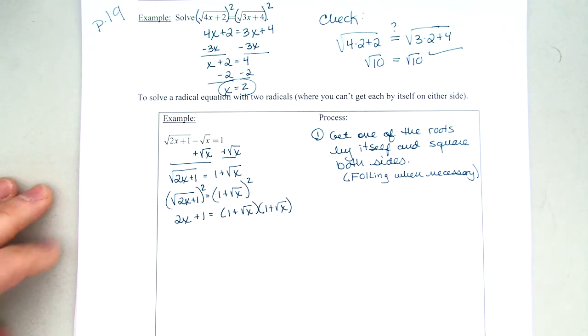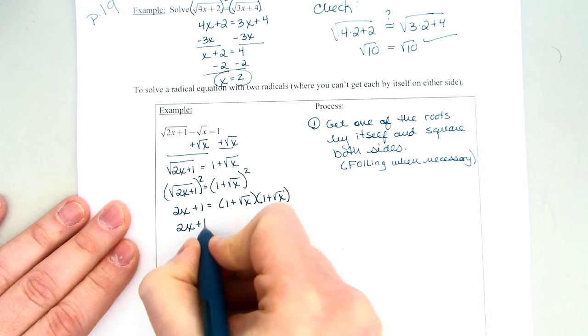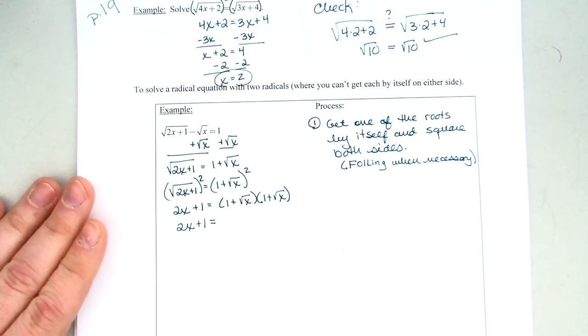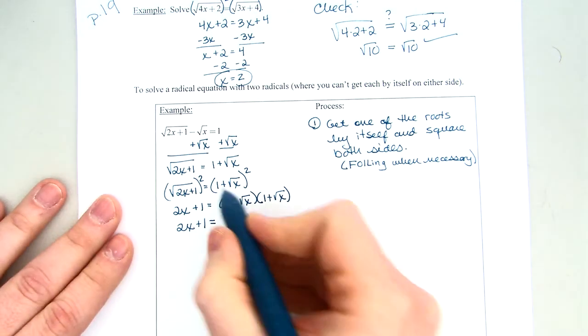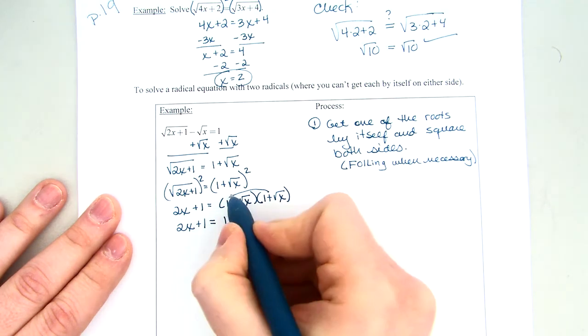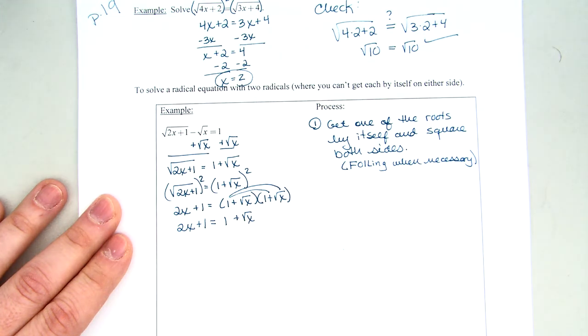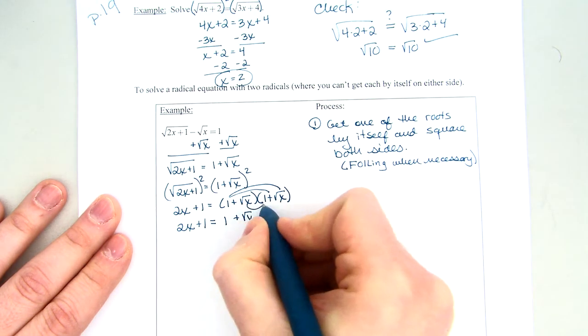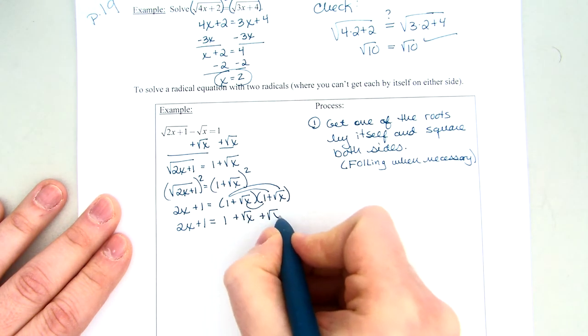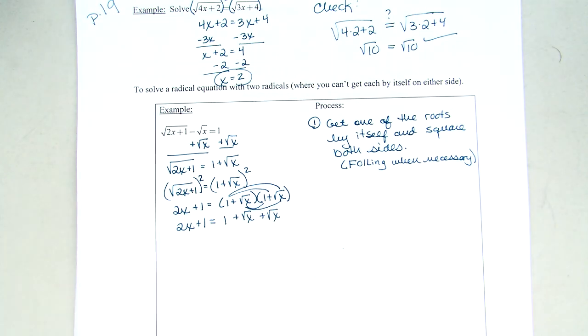I think I want to do the foiling together over here. 2x plus 1 is going to equal, well, 1 times 1 is 1. 1 times the square root of x is the square root of x. Square root of x times 1 is another square root of x. Square root of x times square root of x is like saying square root of x squared. What was that? X.